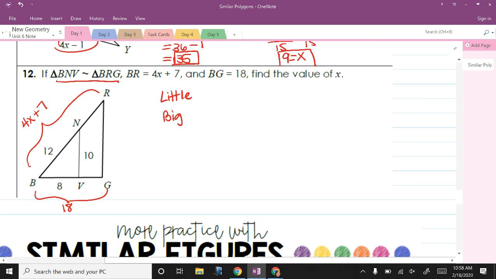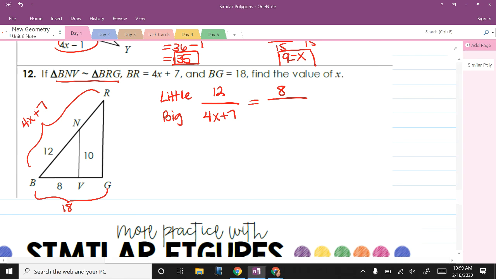So on my little triangle, the side length 12 corresponds to what side length in the big triangle? BR, which is 4x plus 7, right? And then 8 on my little triangle, which is BV, corresponds to which one in the big triangle?